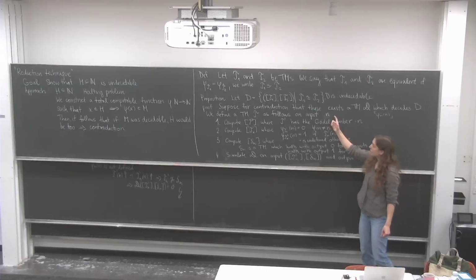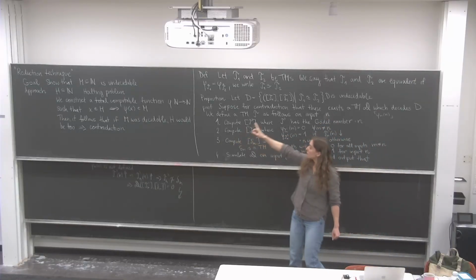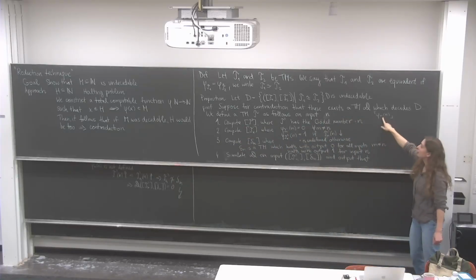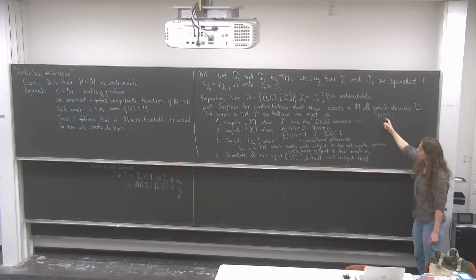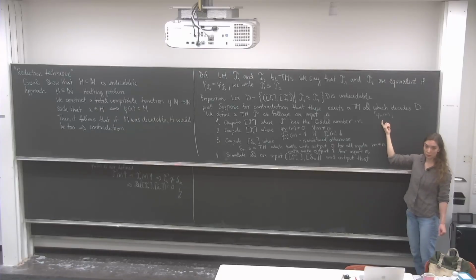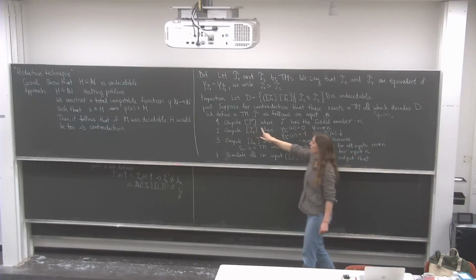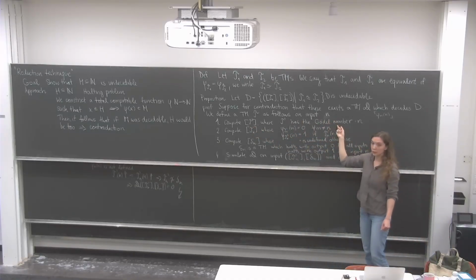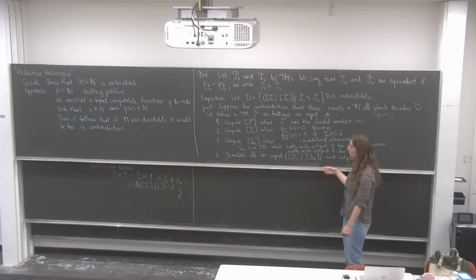Well, our goal is to figure out whether n is in H. So we are interested whether phi n on n is defined. So what we can first do is find some Turing machine that implements phi n. That's exactly the Turing machine T prime, which has Gödel number n. So this is the first thing we do. We know this is computable because the Gödel numbering is totally computable.